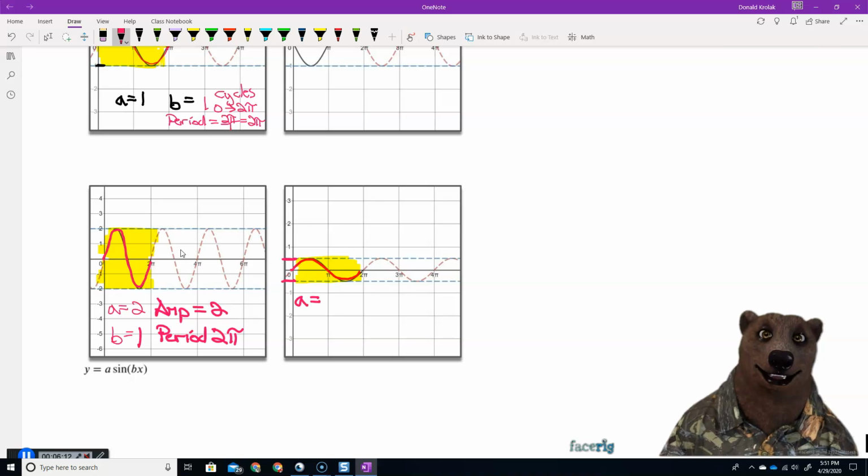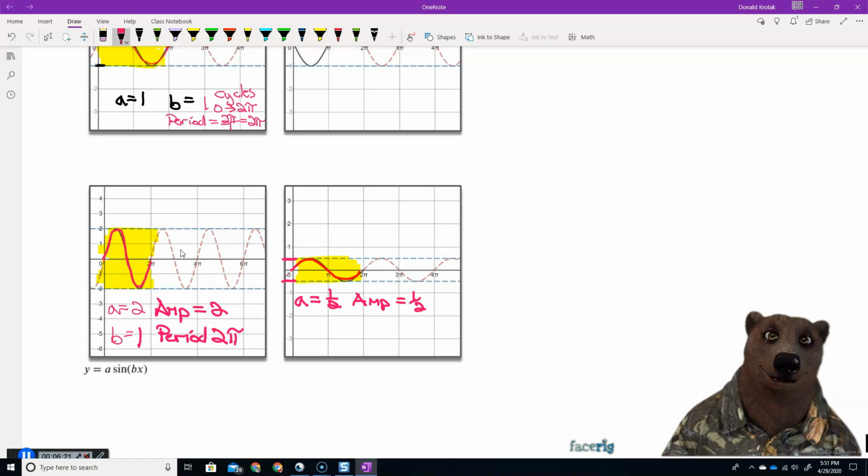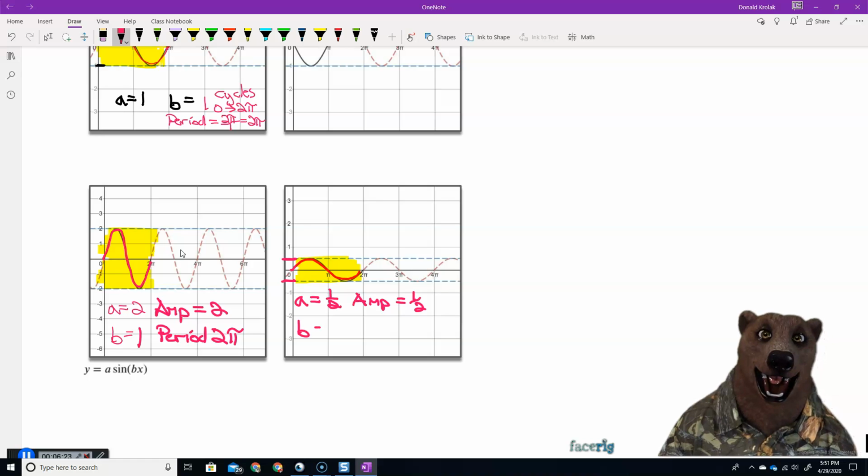So A is equal to 1/2. That's my amplitude. And B, I see one cycle of sine in that shaded area. So that means my period is 2 pi. I'm going to see one cycle every 2 pi.